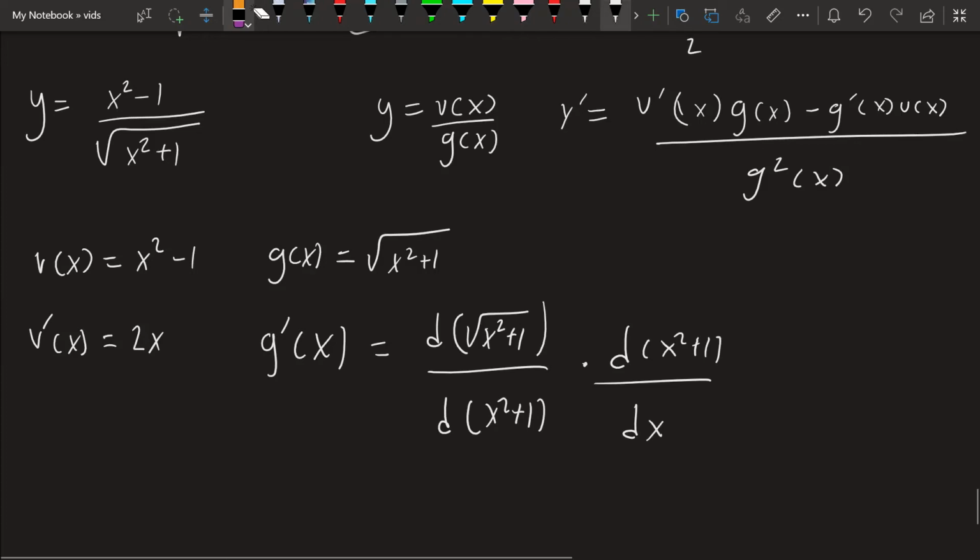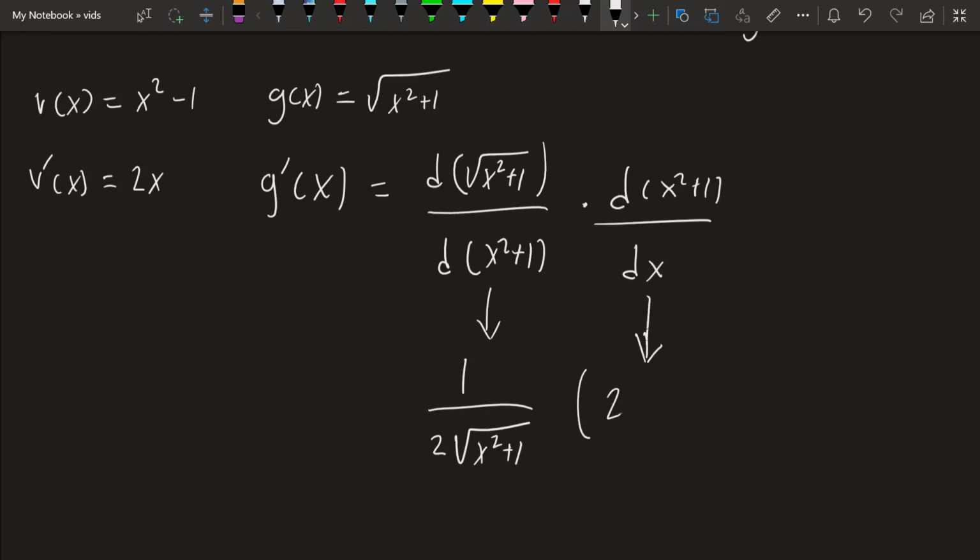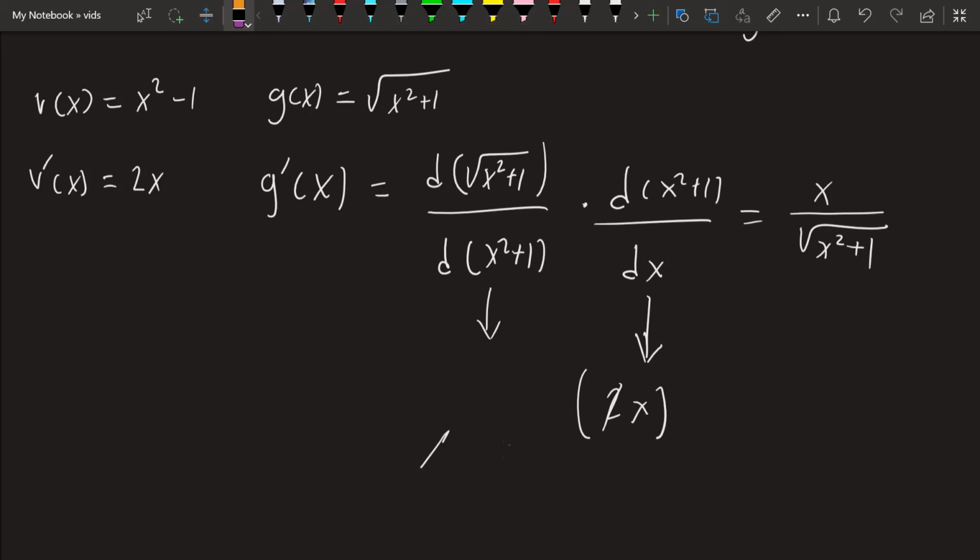So this fraction is equal to 1 over 2 times the square root of x squared plus 1, and this is equal to 2x. So let's rewrite it. This is just equal to x over the square root of x squared plus 1, since the 2 cancels out with the 2 here. So there you go.